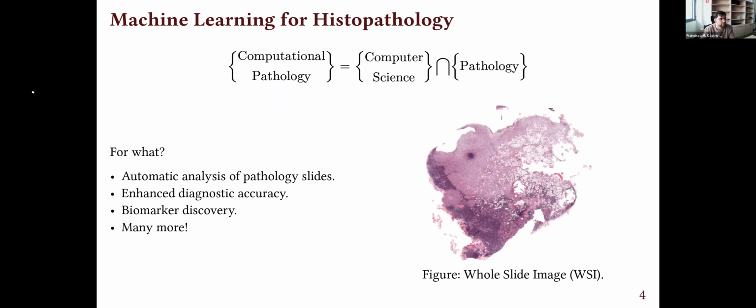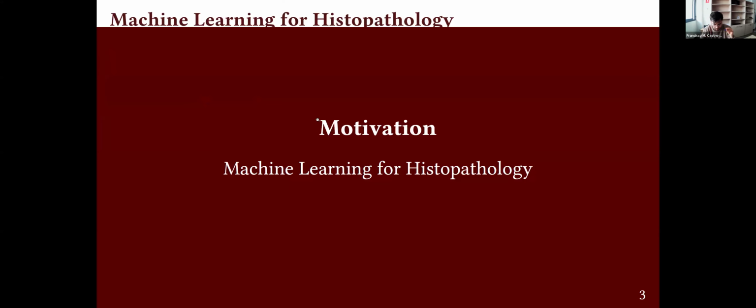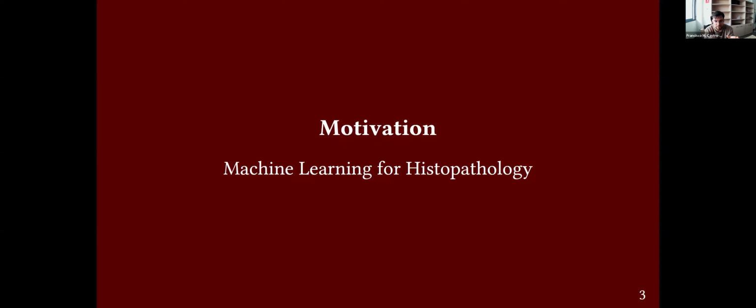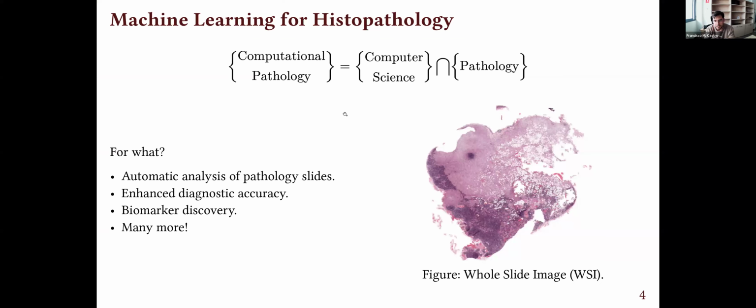So for the motivation, I would like to talk about how we can do machine learning for histopathology. This multiple instance learning topic is framed in the computational pathology area, which is the intersection of computer science and pathology. In this tutorial, we're going to be working with this object here, which is called a whole slide image.